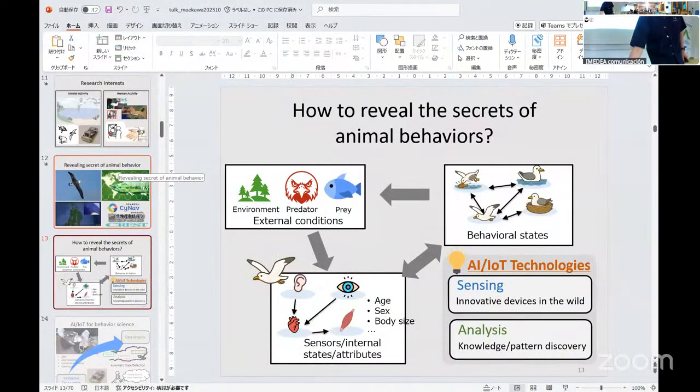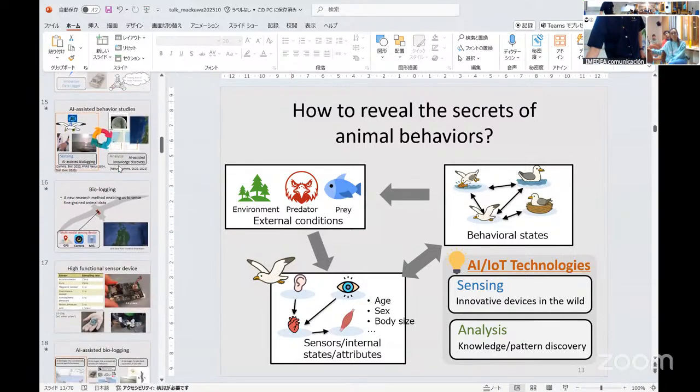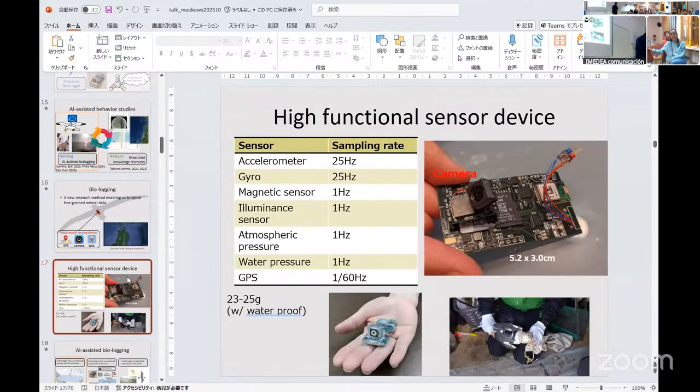It is not our study, but, for example, an RFID tag without a battery can be attached to very small animals. The problem is we should also install an RFID reader to sense the signals from the RFID tag.